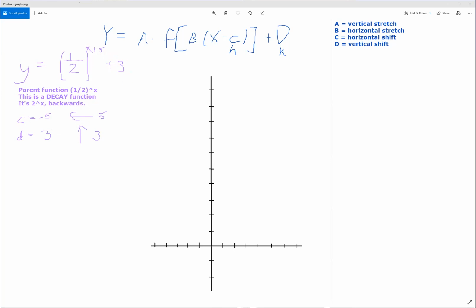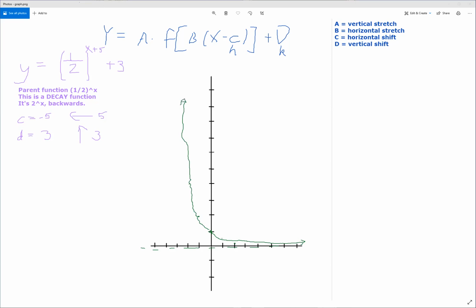So our base graph, our parent graph, would have had our asymptote, and it would have gone through 0, 1, but then it would have been a backwards 2 to the x graph. It would have been an exponential decay. And so it would look something like this. Trying not to draw horribly, but I'm also trying to draw with the mouse.